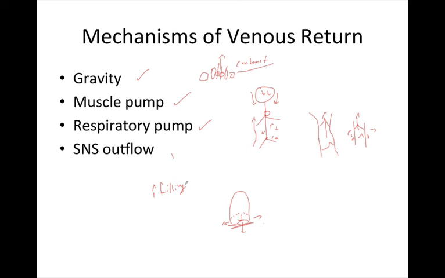Therefore, that means that's more blood that's coming into the heart, and that's more blood that's going to be pumped out through the left ventricle. All right, so basically that higher volume coming back into the heart is going to cause an increase in cardiac output. Remember, increase in preload, increase in contractility, lower end systolic volume, all that fun stuff.